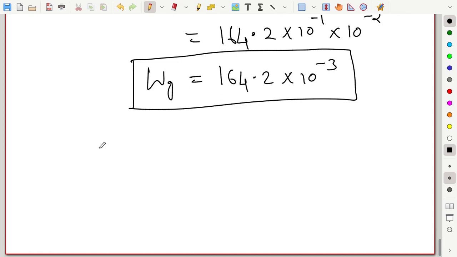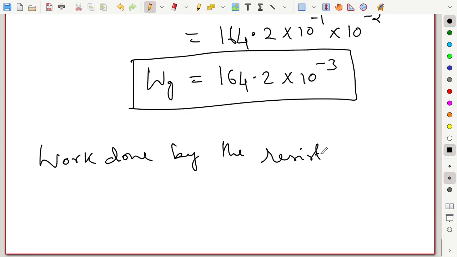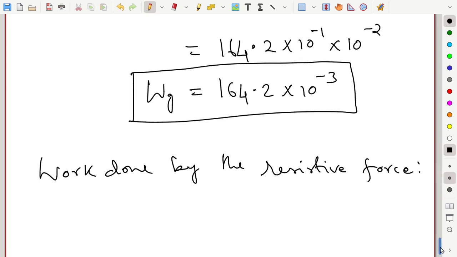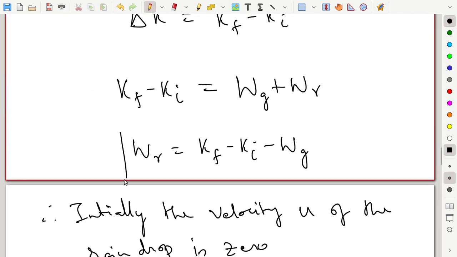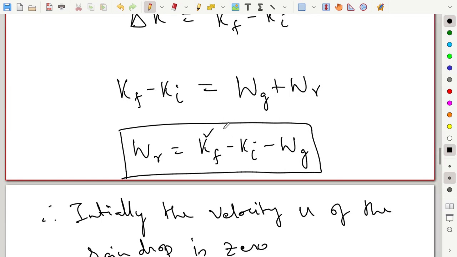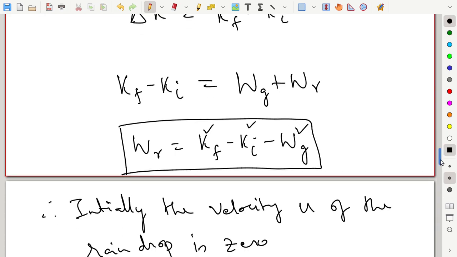So let's calculate the work done by the resistive force. We have already made the formula for all this. The work done by the resistive force is this. We now know the final kinetic energy, initial kinetic energy, and work done by the gravitational force for the entire journey.